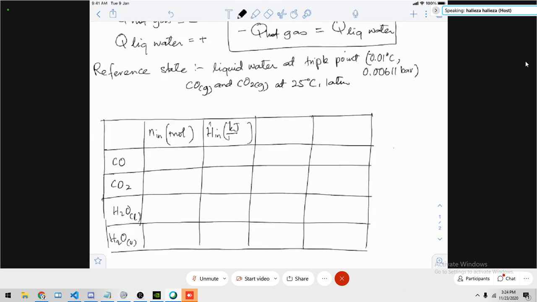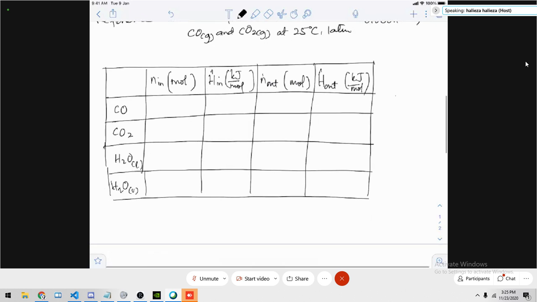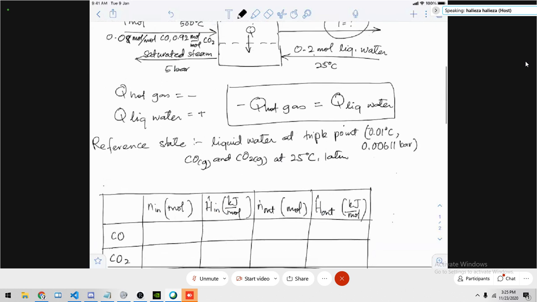Go ahead, no problem. So this is N out, that's mole. Enthalpy out, kilojoules per mole. We need to multiply the number of mole with the enthalpy, then you can cancel off the unit.